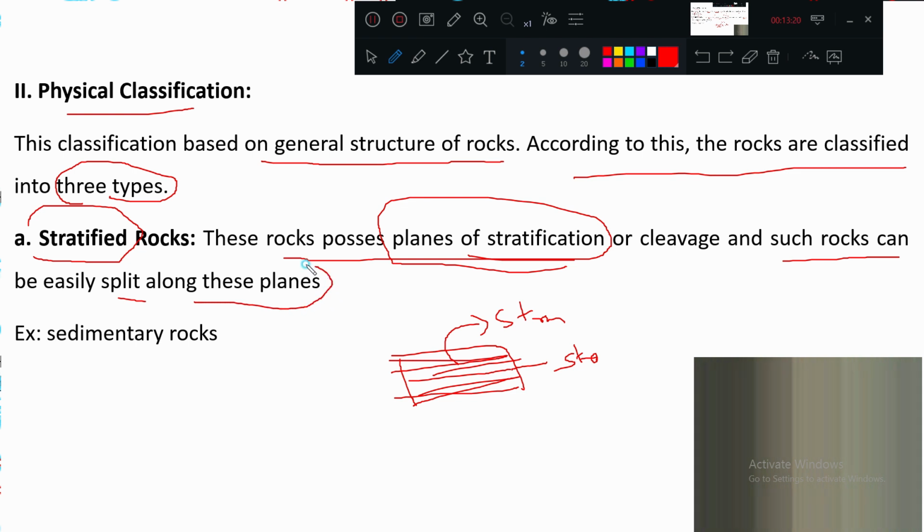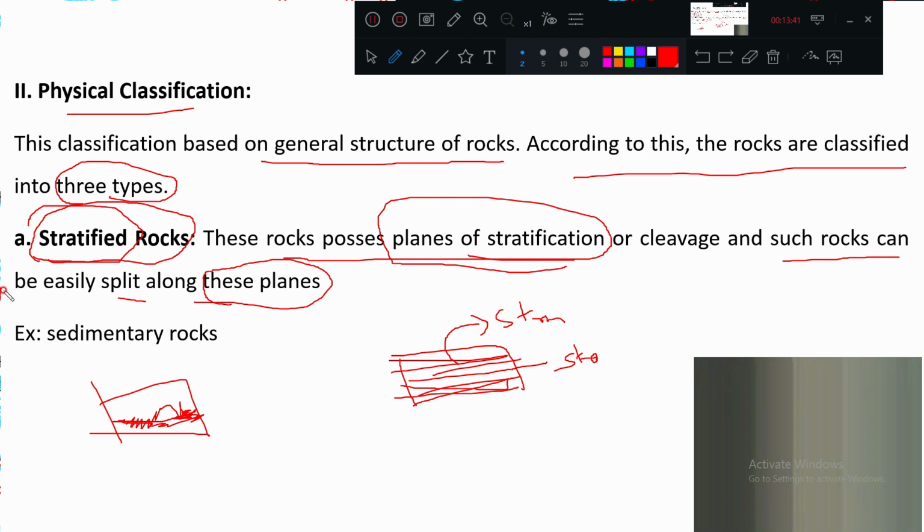Along these places, means if there is a strata in some of these stones, if you hit that one, the stone will easily break in this plane only. So these types of rocks are called stratified rocks.